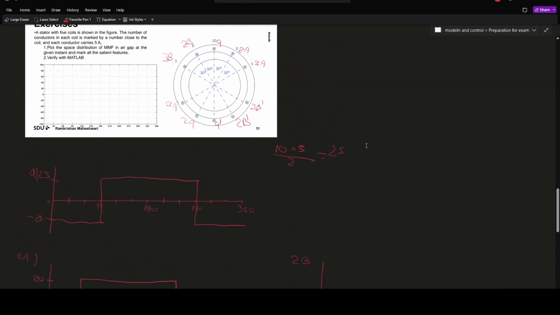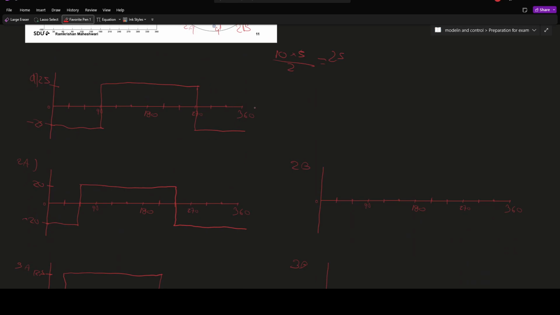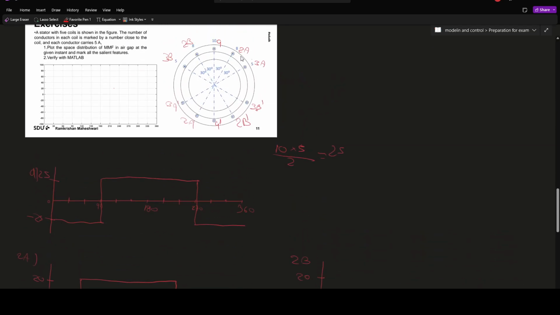And we can do the same analogy for coils 2B and 3B. We know that they are ahead 30 degrees from 90. So for this one, it's going to be negative, and we know that these two have the same magnitude, minus 20 and 20, because 2A and 2B have the same number of turns.